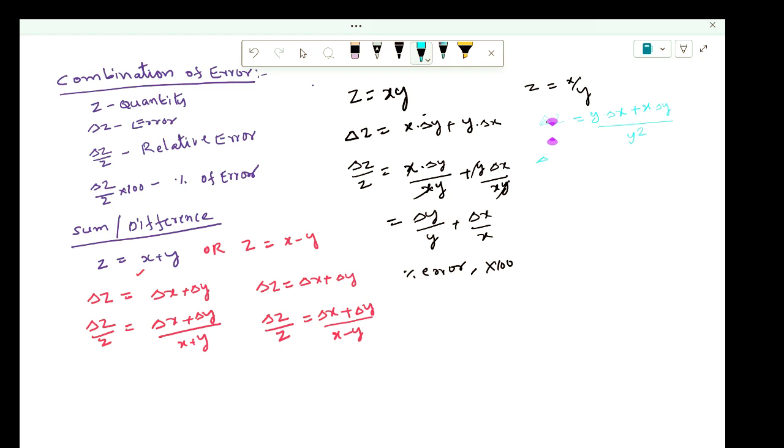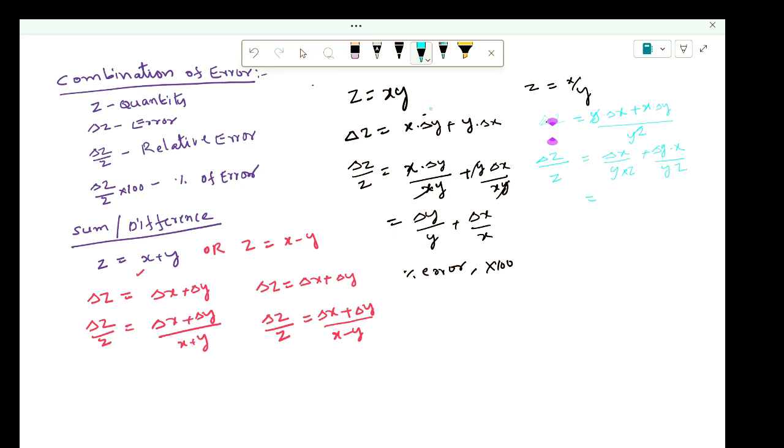So dz by z is equal to dx by y into z plus dy into x by y square into z.